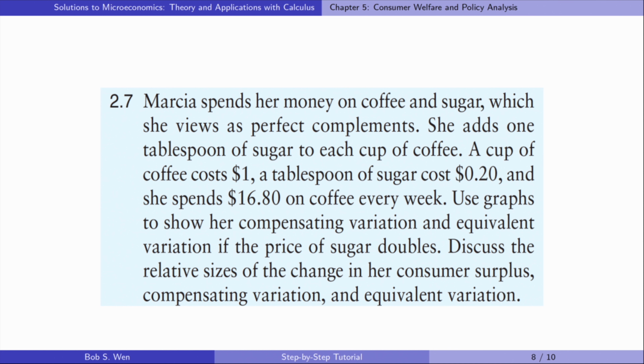A tablespoon of sugar costs $0.2, and she spends $16.8 on coffee every week. Use graphs to show her compensating variation and equivalent variation if the price of sugar doubles. Discuss the relative sizes of the change in her consumer surplus, compensating variation and equivalent variation.